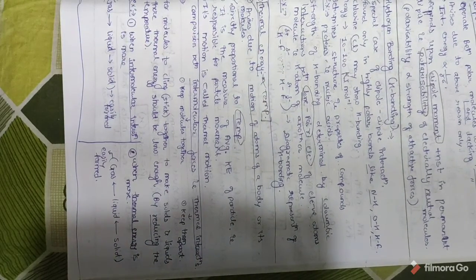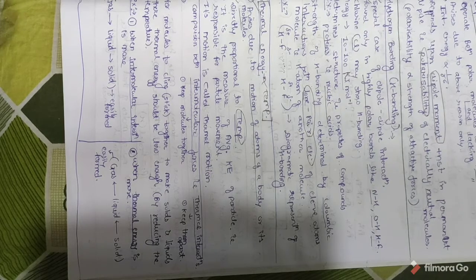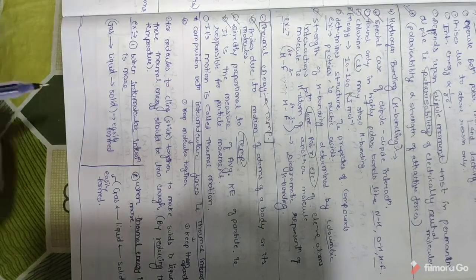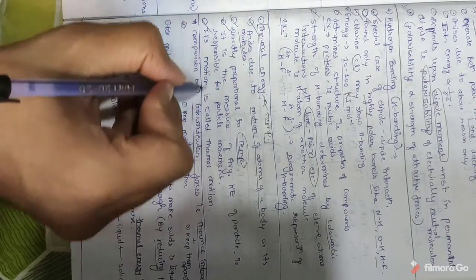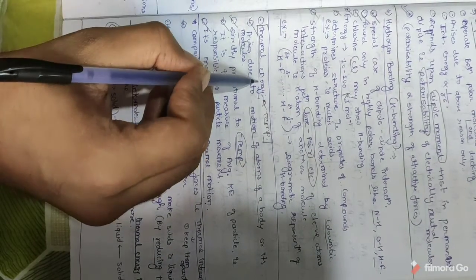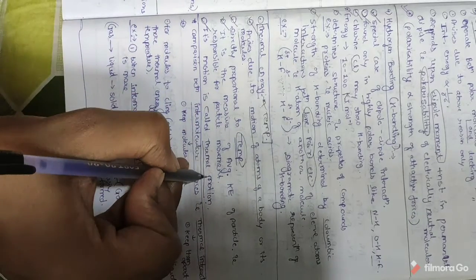It is the measure of the average kinetic energy of particles and is responsible for the particle movement. The motion developed by thermal energy, which is directly proportional to temperature, is called thermal motion.